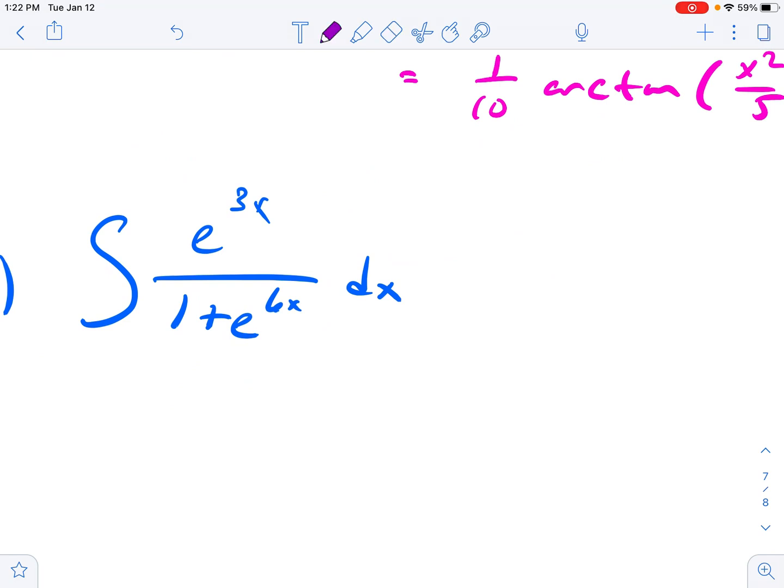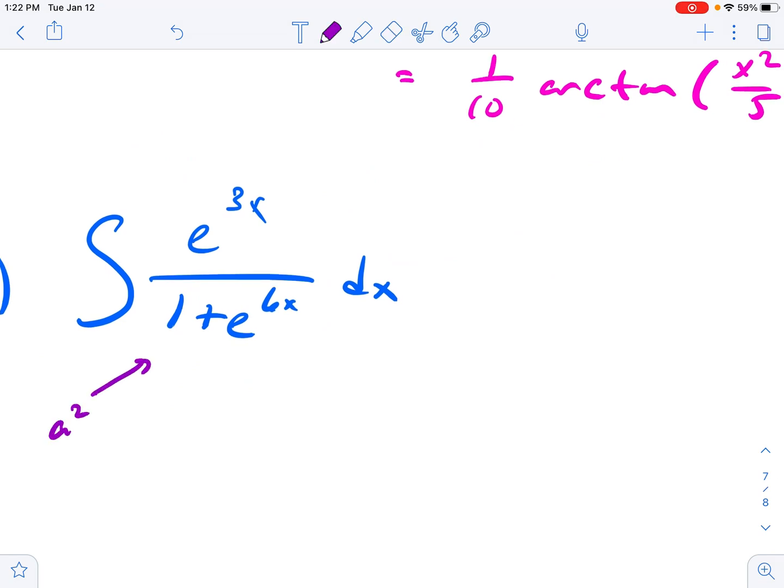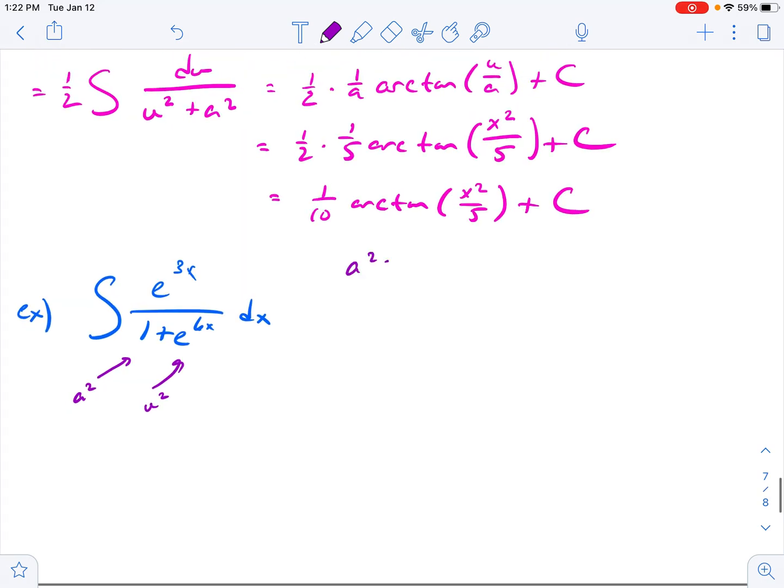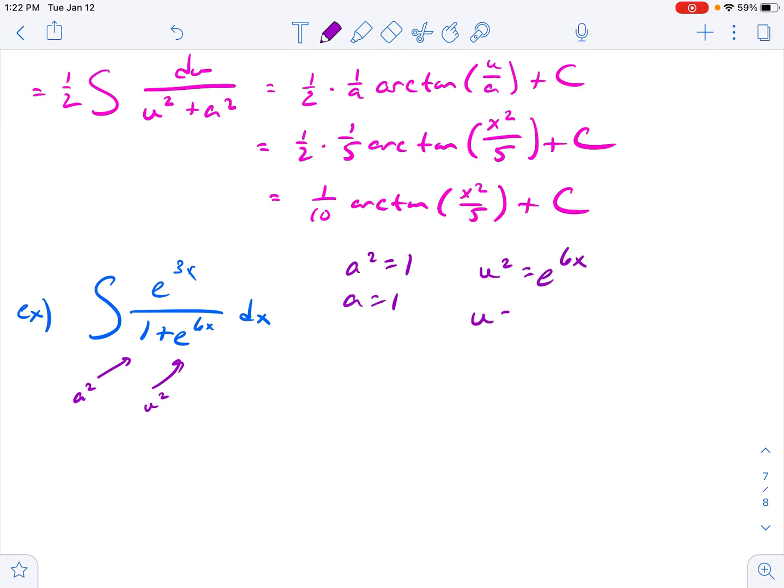Notice in the denominator, we do have something of the form a squared plus u squared, okay? If a squared is 1, then a is 1. If u squared is e to the 6x, what is u going to be? What did we square to get this?